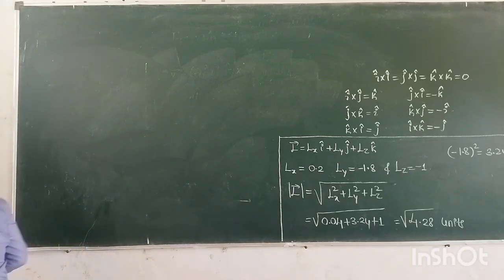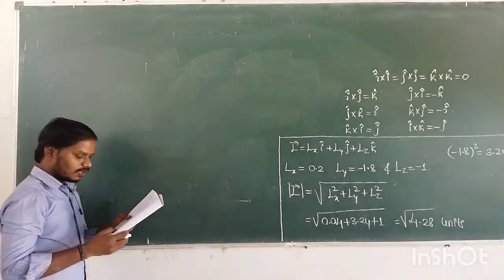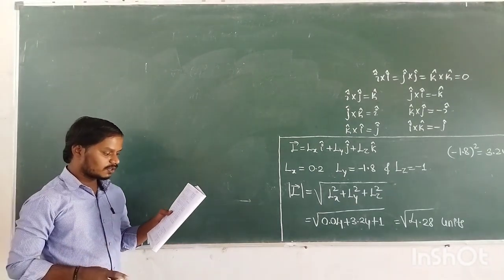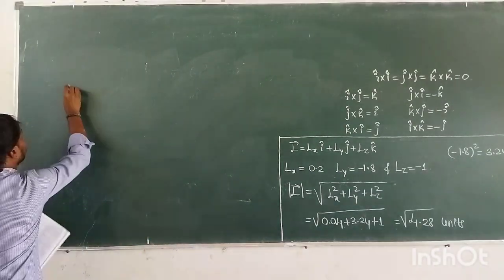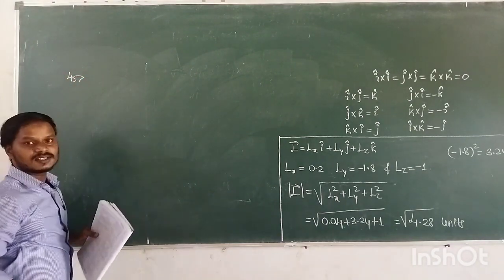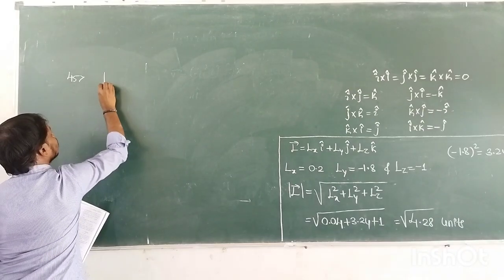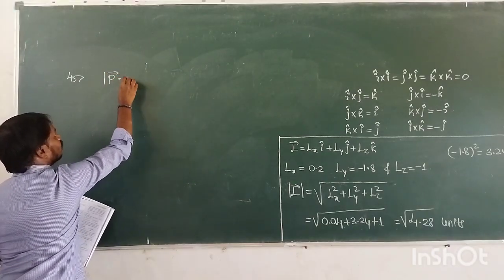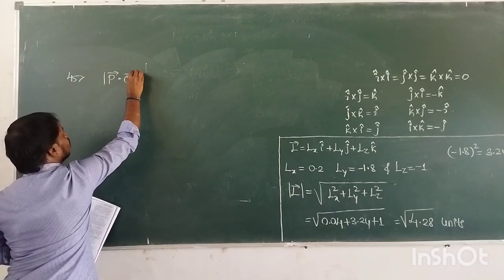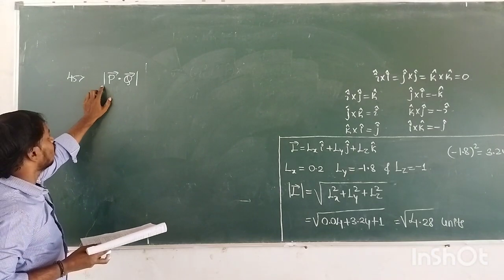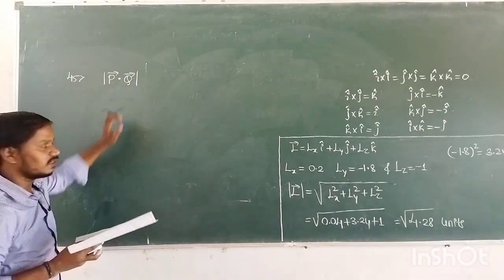See, the magnitude of scalar and vector products of two vectors are given. The scalar product is also called the dot product. The magnitude of the dot product, that is mod of P dot Q, means the magnitude of the scalar product of two vectors.